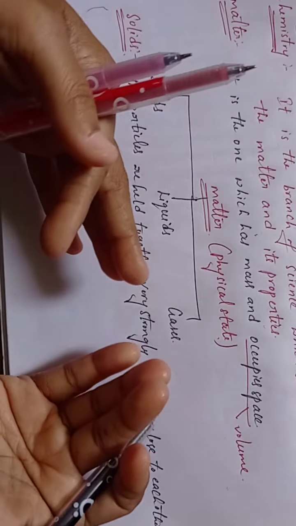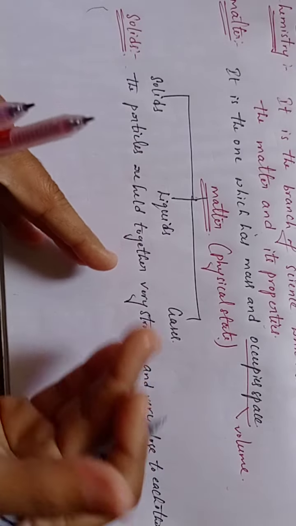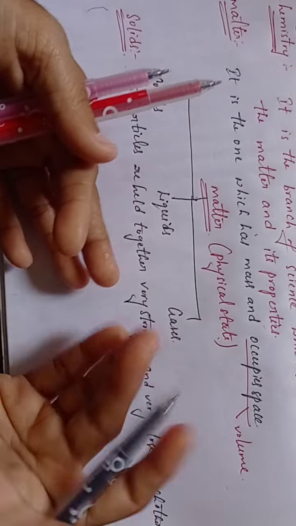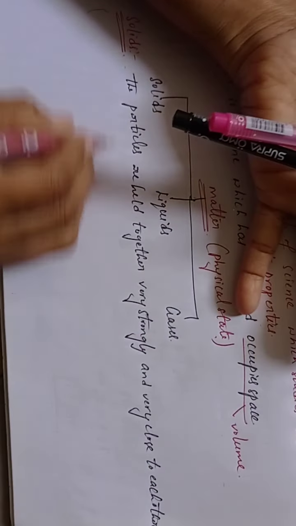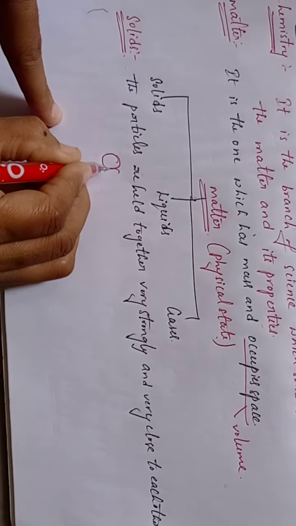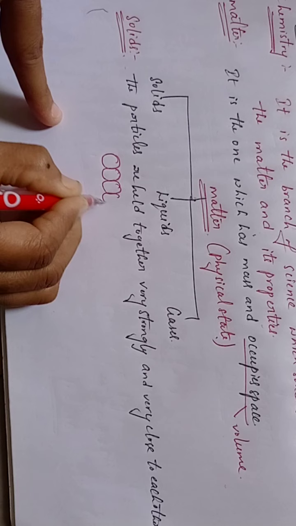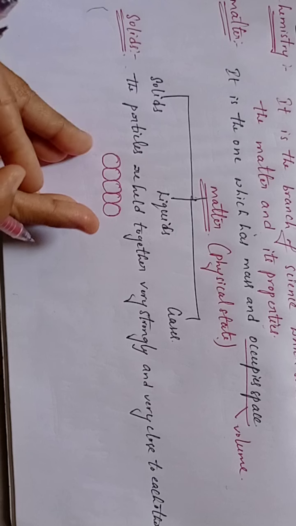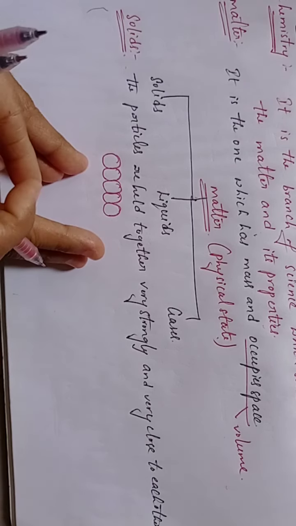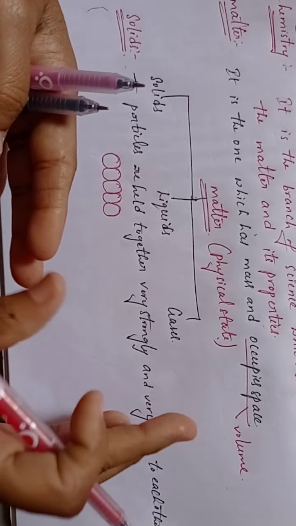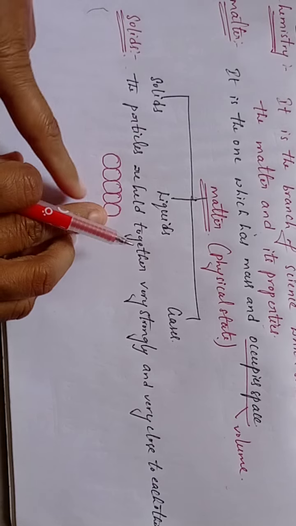That means in solids, if the particles want to move, all the particles in the solid should move together. For example, see here, how the packing is: the particles are held together very strongly, like this, very close to each other.